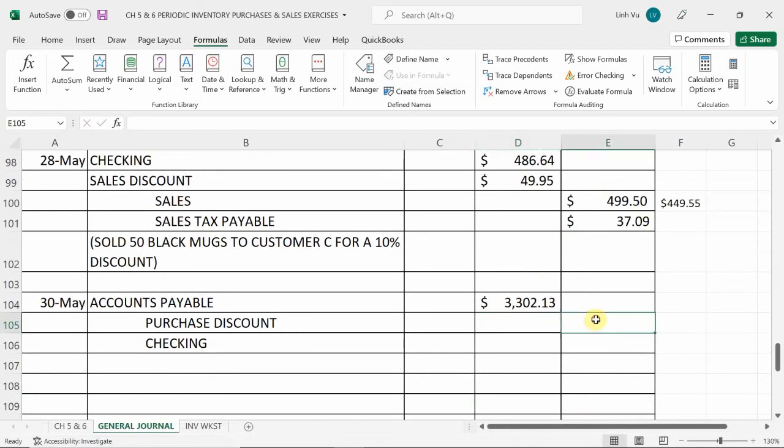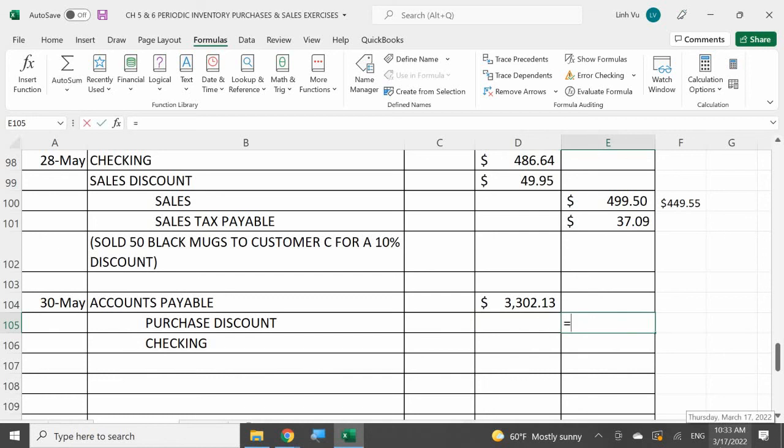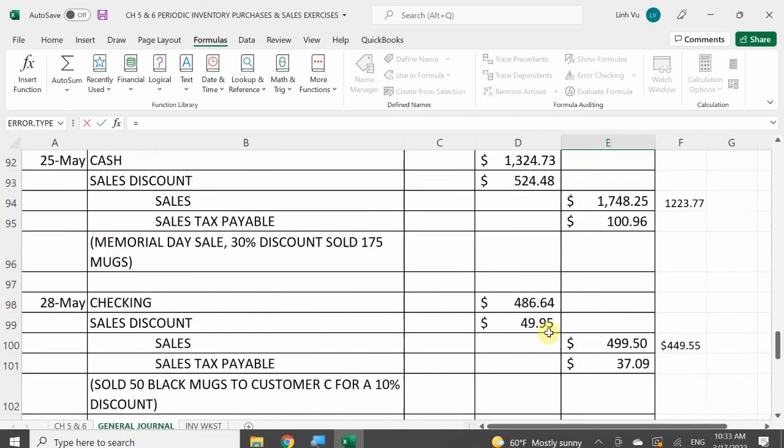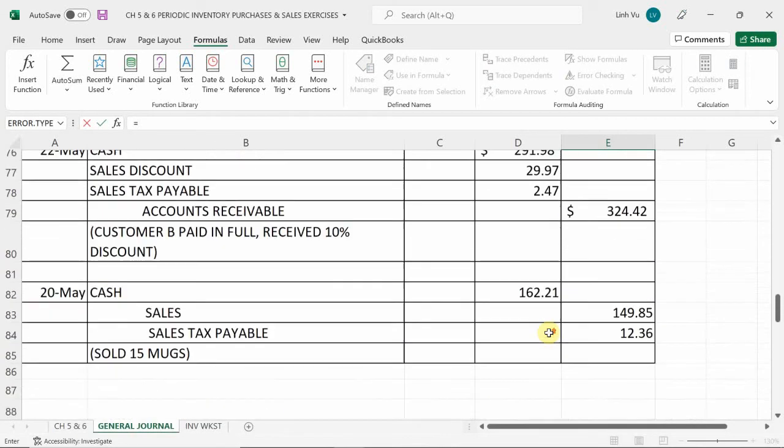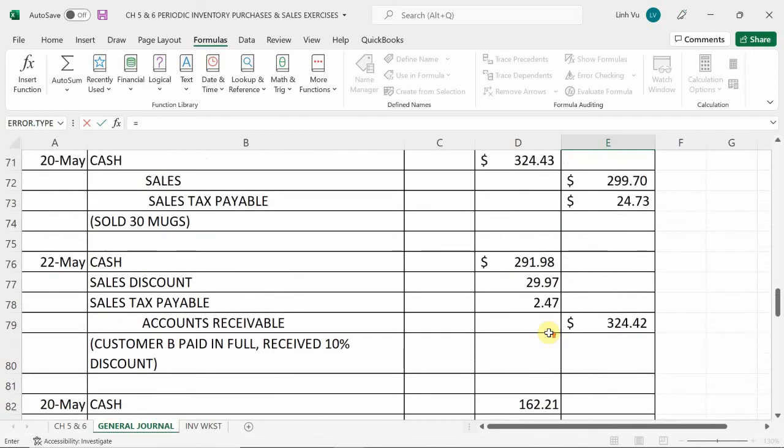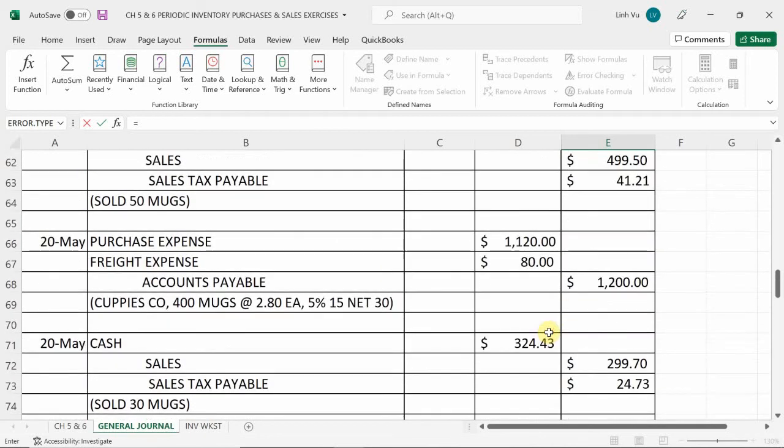However, we also recognize that for the last purchase that we made, we end up getting a discount because we paid within the due date. So I should be receiving a purchase discount. Now let's take a look at this transaction on May 20th. What number can I actually discount?